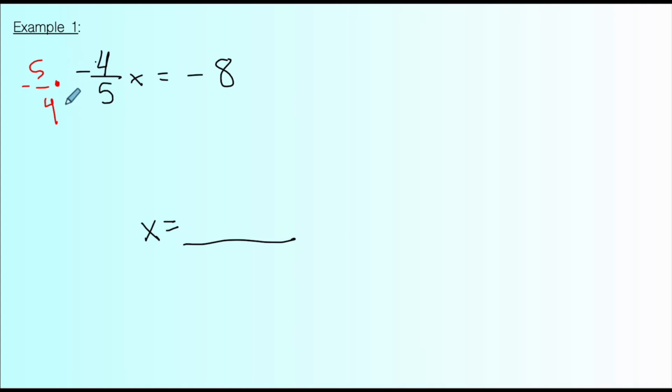So even though I'm writing multiply, since I'm multiplying by the reciprocal, that's the same thing as division, and it will still cancel that out and isolate x by itself. However you want to write your inverse operation, it's up to you. Ultimately, though, if you have to divide by a fraction, you will be multiplying by the reciprocal. Some people view it as a time saver to just write, right off the bat, multiply by the reciprocal.